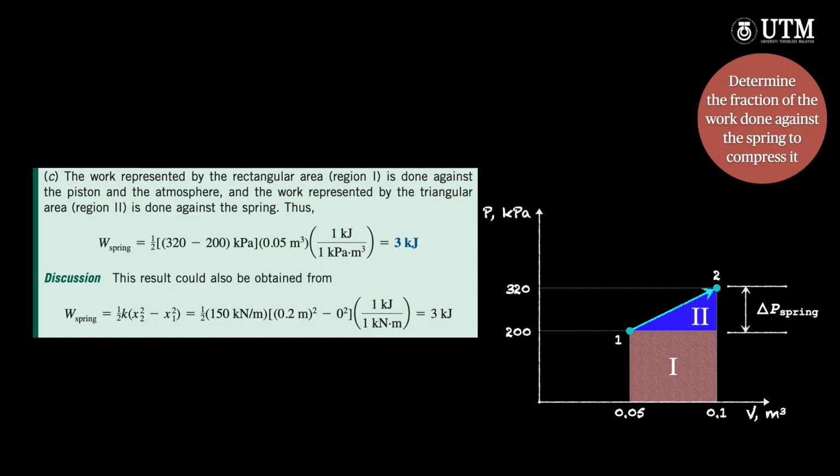The work done against the spring is determined by calculating the triangular area, and it comes to be 3 kilojoules.